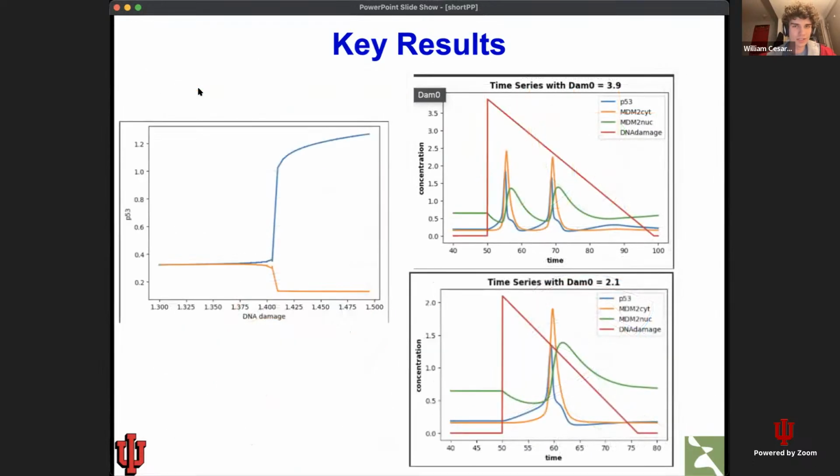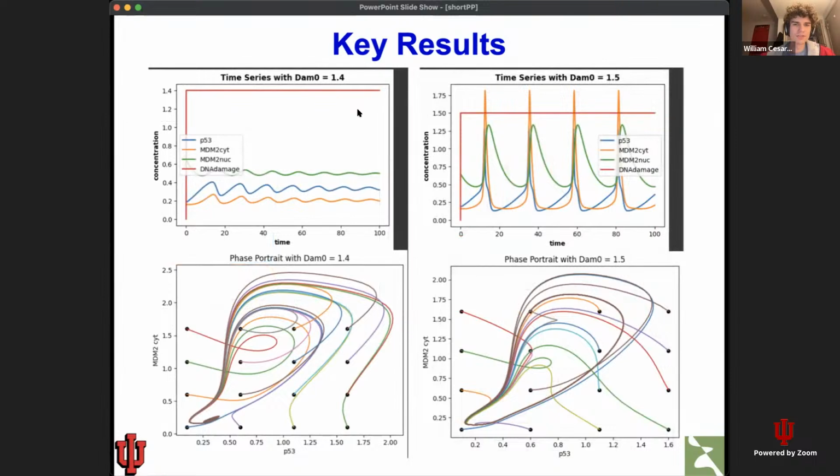Initially in the paper, DNA damage comes in at time equals 50 and starts linear decay, and that's an extra variable that we did not want to handle. We wanted to make something constant so we could further explore the model and understand it. So we set DNA damage to be constant, and this allowed the user to change the level of DNA damage and plot the time series.